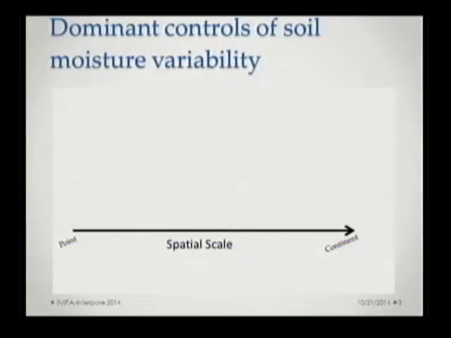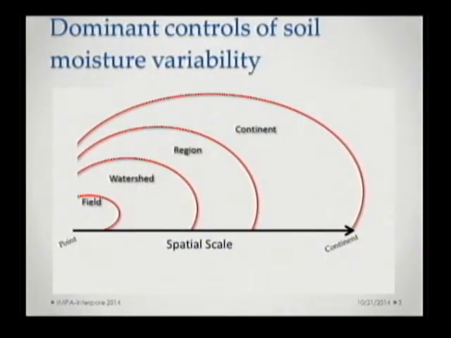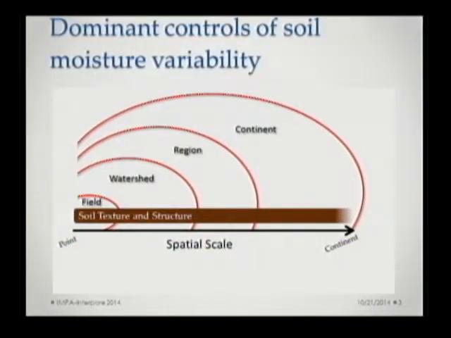So the classical theory was that if you go, on a spatial scale, from point to a continental scale, the soil hydraulic properties or the soil moisture is governed across different scale boundaries, let's say. The soil hydraulic parameters were mostly governed by the variability in the soil texture and structure, right? This made sense.